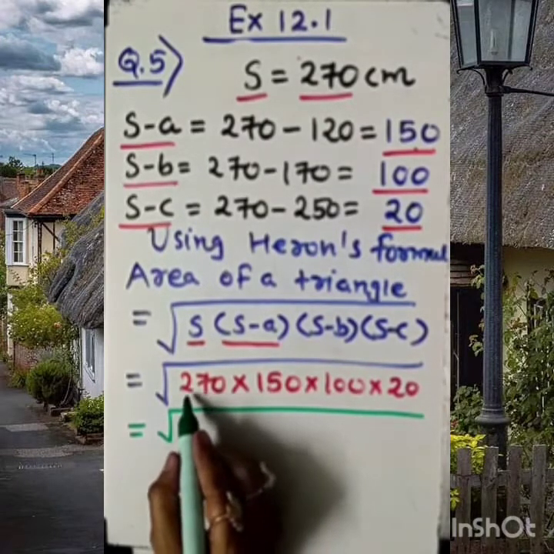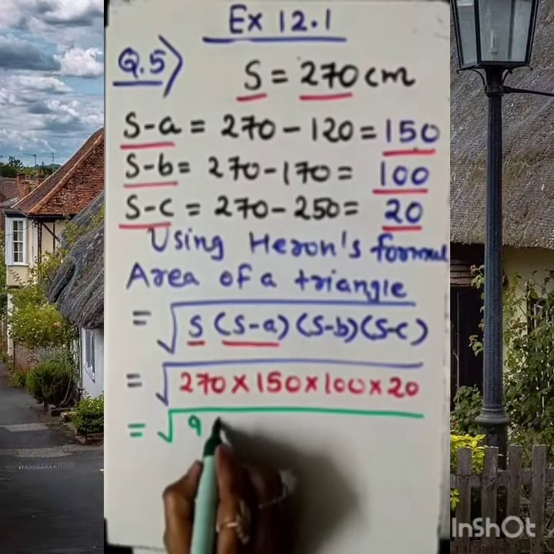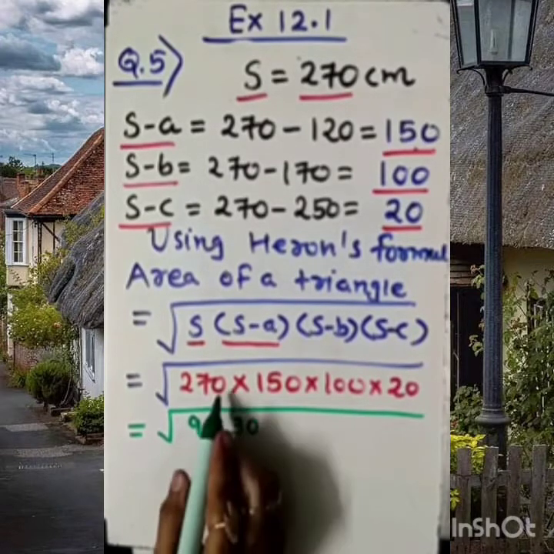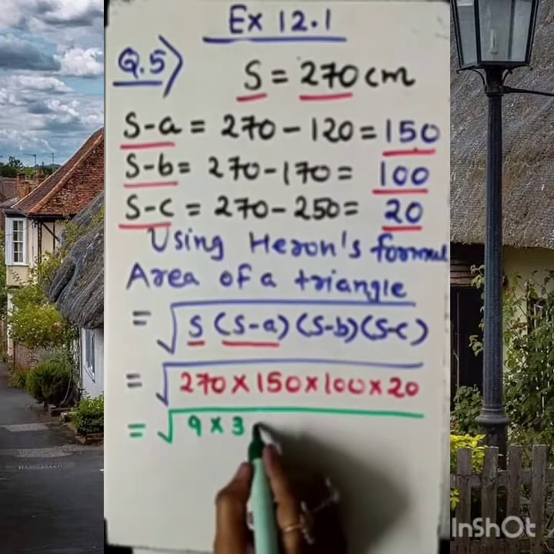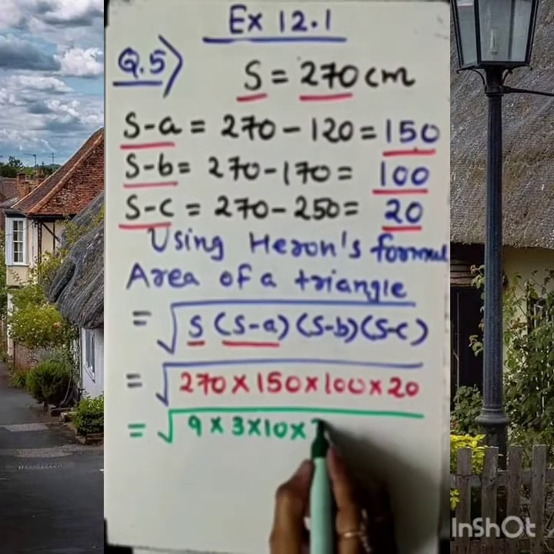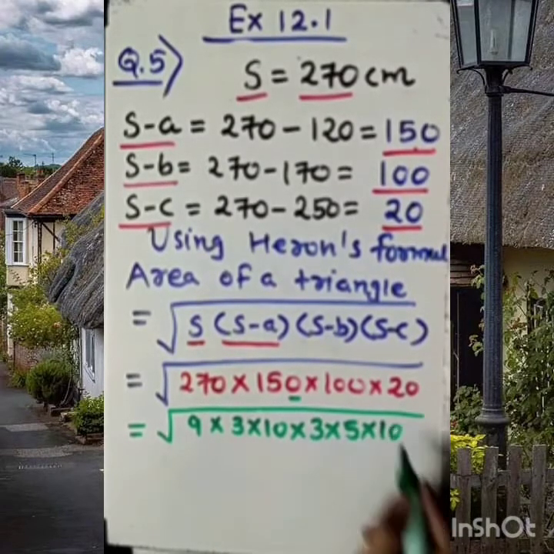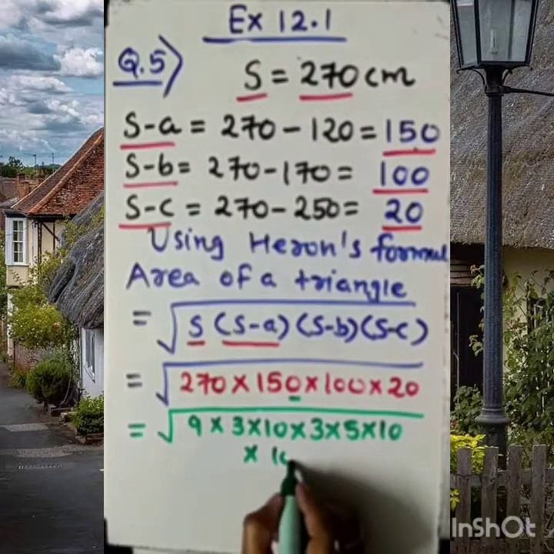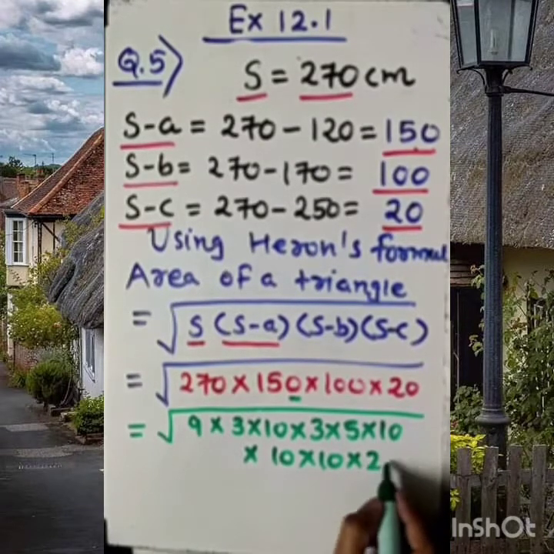You know very well 270. Can I write 27 as 9 into 3, and because of this 0, you can split it as 10 also. Same thing is here. 150 can be written as 3 into 5, and this 0 means 10 extra. 100 can be written as 10 into 10, and 20 can be written as 2 into 10.